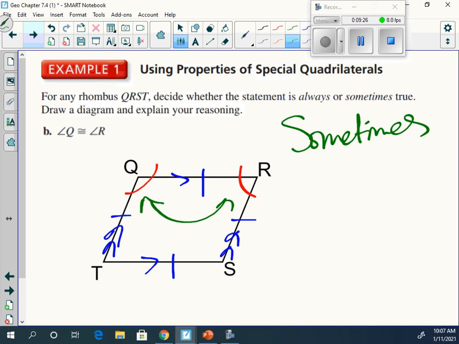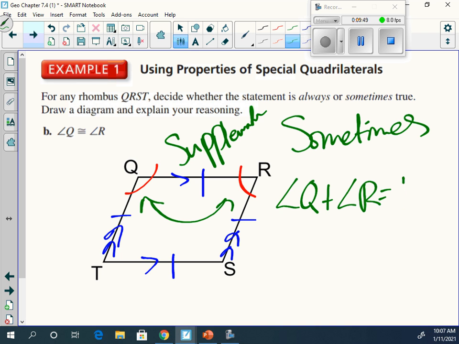Because angles inside of a parallelogram, the opposite angles are congruent. The angles that are next to each other are what? 180. Angle Q and angle R are supplementary angles. That means that angle Q plus angle R, since they're next to each other, add together to be 180.